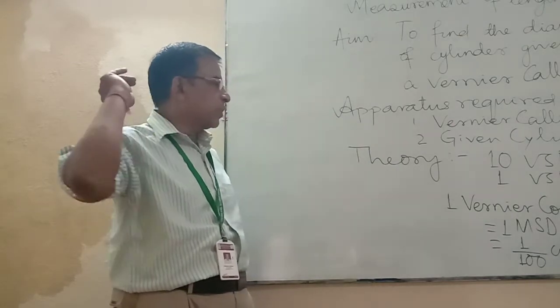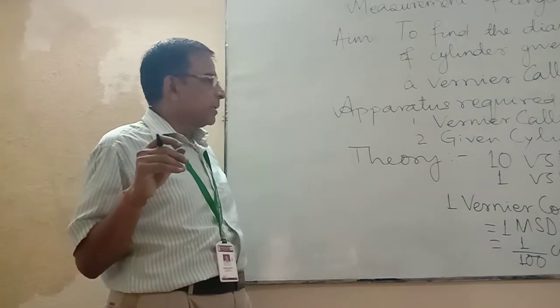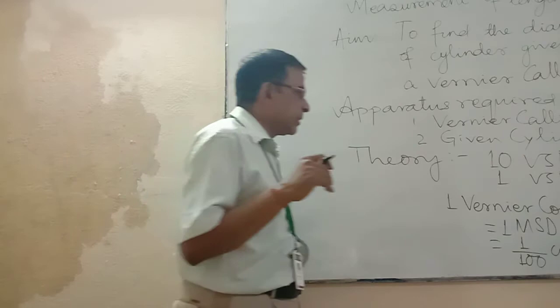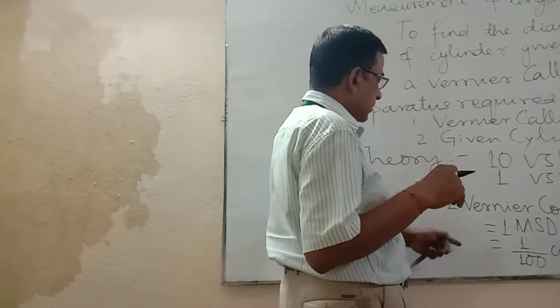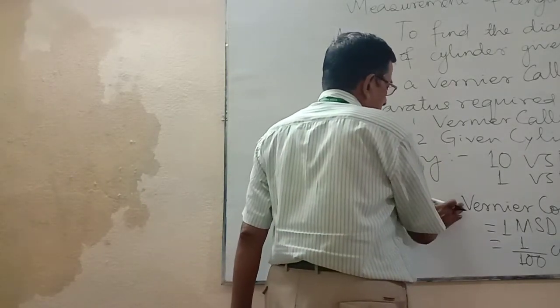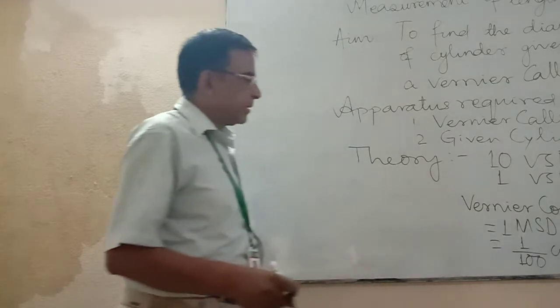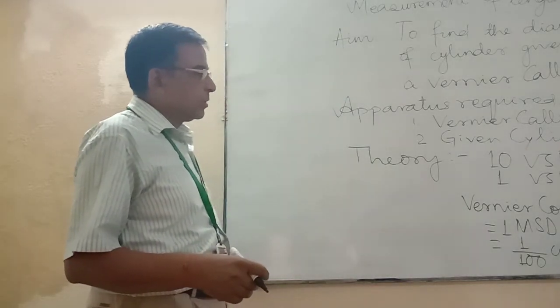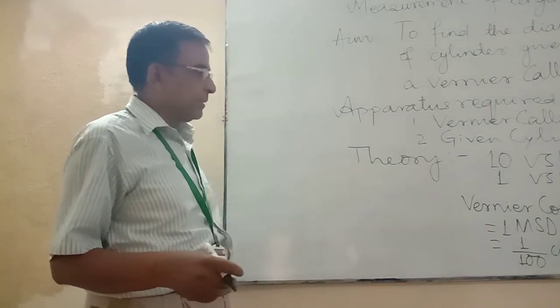So this is your vernier constant, or least count, same thing. So the least count is equal to 0.01 centimeter.